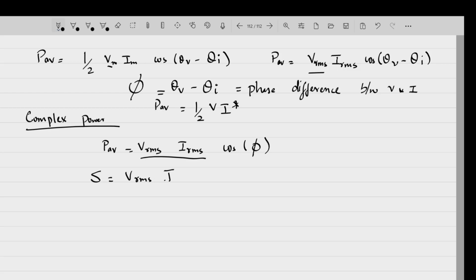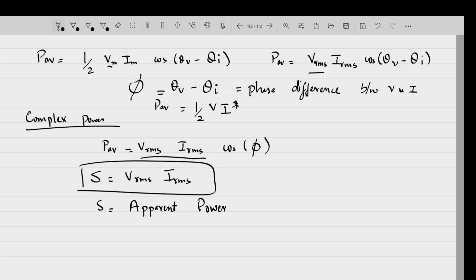This V RMS into I RMS can be represented by a symbol S. S is equal to V RMS into I RMS, and it is known as the apparent power. This is also a power term because voltage into current gives power. Why is it called apparent power?